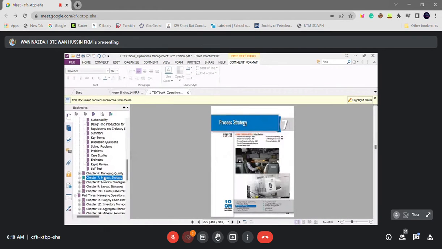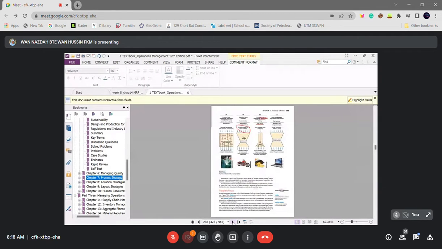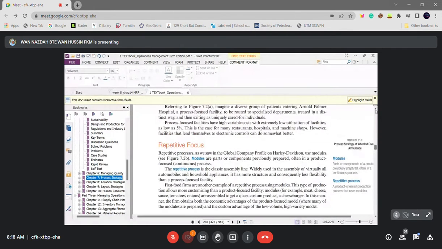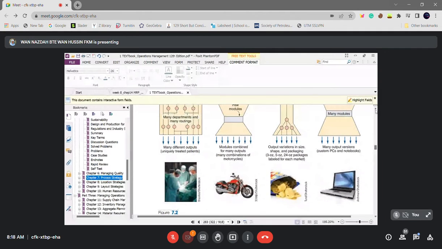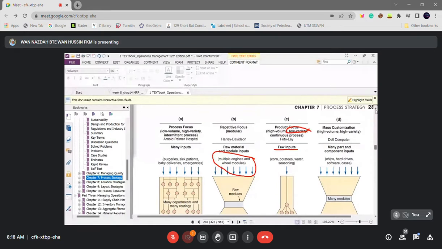Yes, process strategy. Okay, are you following? All right, so this is for process strategy. If we look here, this is the type of business in your company.